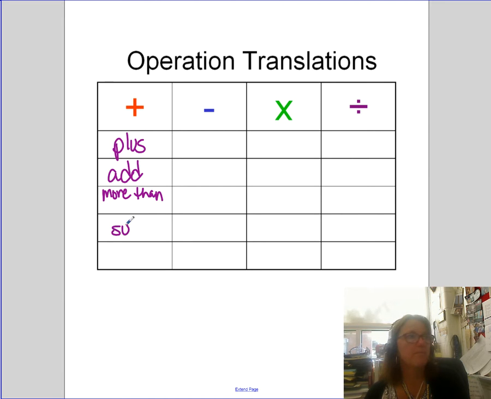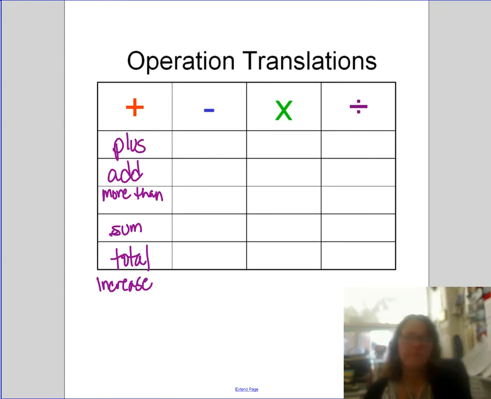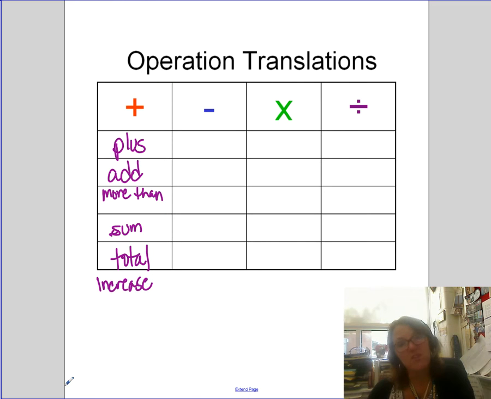Sum, that's a good math word. Total, that usually implies an entire list. Increase, that's a great word. We're never going to get this complete because there's always some word I probably wouldn't think of. Here's a good start. We can always go back and add more later.